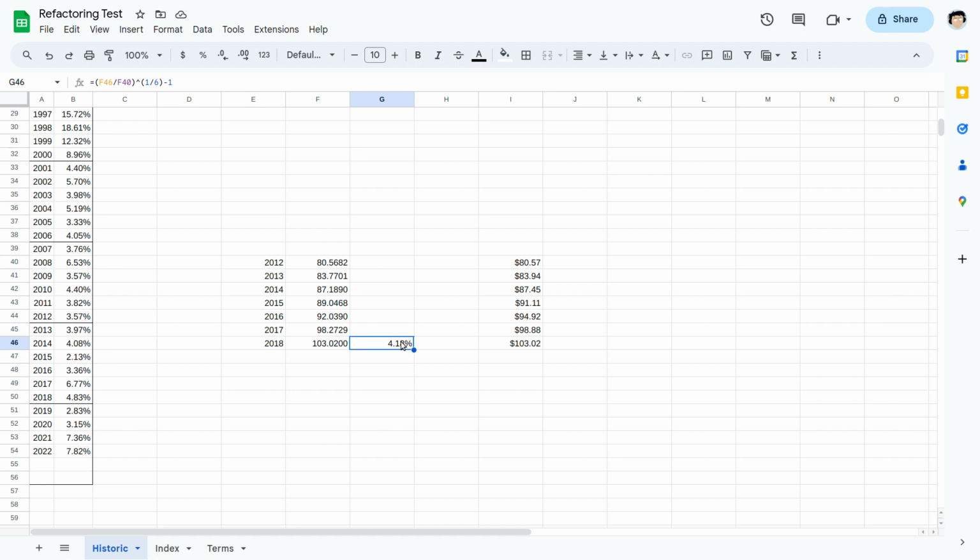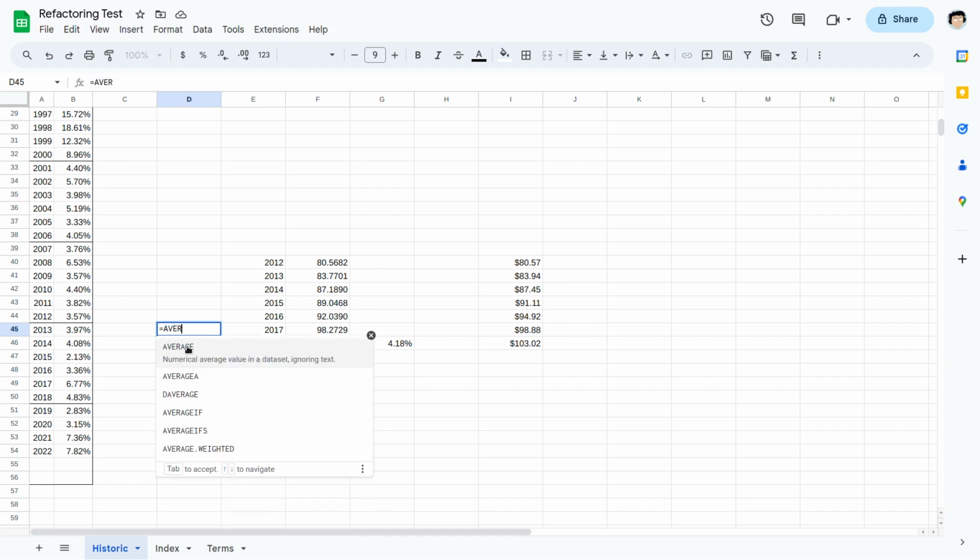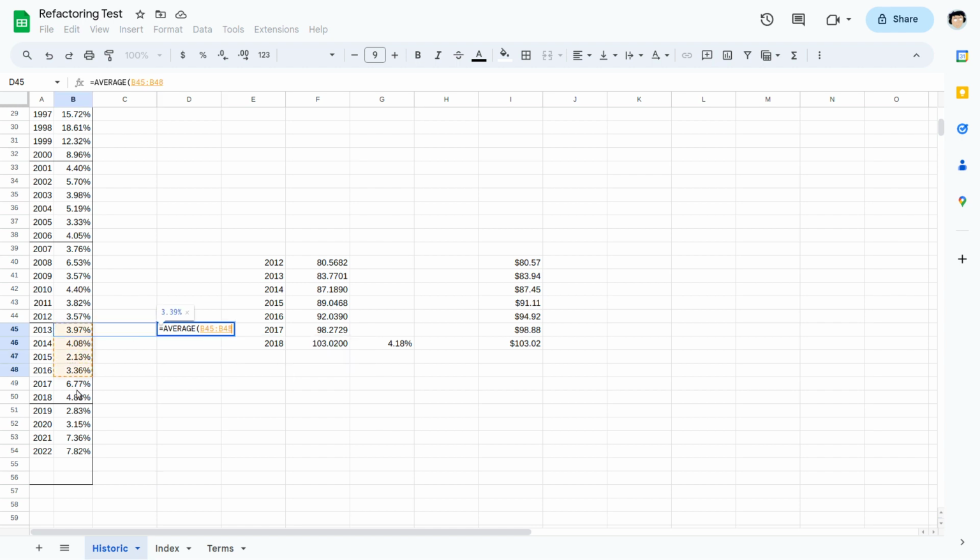It's essentially the same thing, but just compressed into a single number, and I cannot just sum these or do an average, because the average of this is what, 4.19.